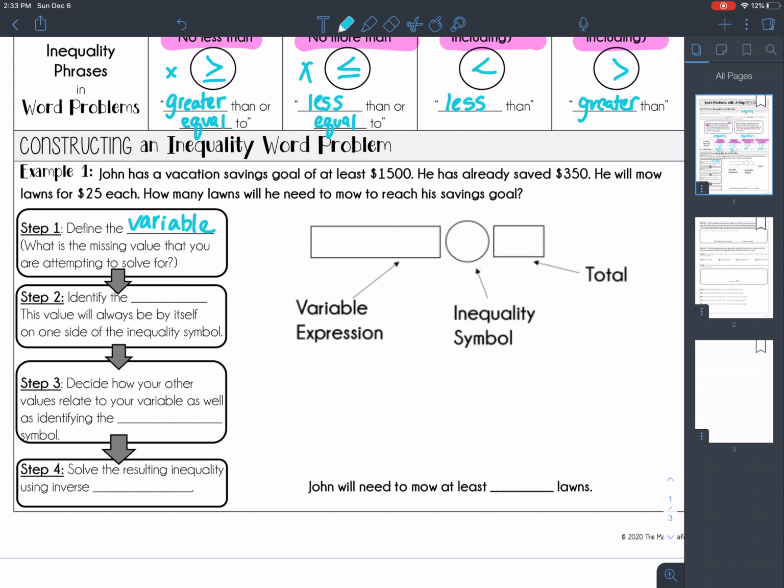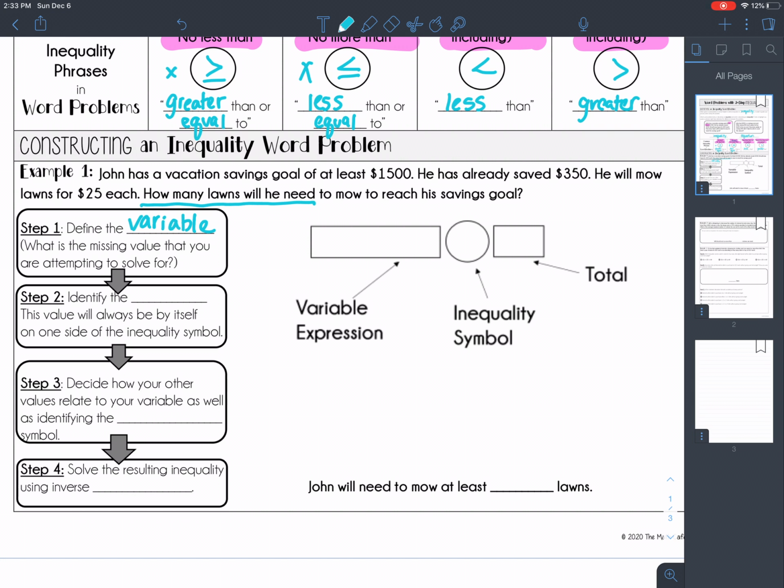What is the missing value that we're attempting to solve for? If we ask ourselves, what do we not know? The answer is how many lawns. How many lawns will he need to mow? We know he's going to mow lawns for $25 each, but we don't know how many he needs to mow in order to get to his savings goal.